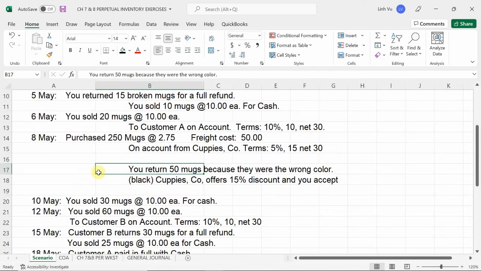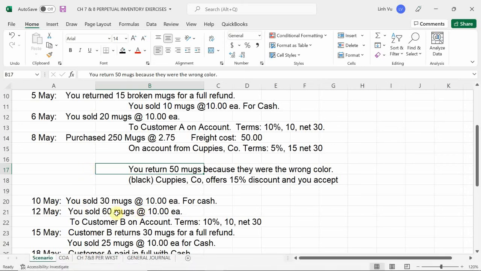If 50 of those mugs were the wrong color, and we asked for a refund, but they offered us a 15% discount. So we didn't return our inventory.